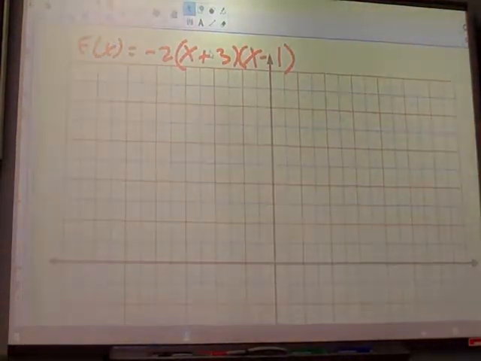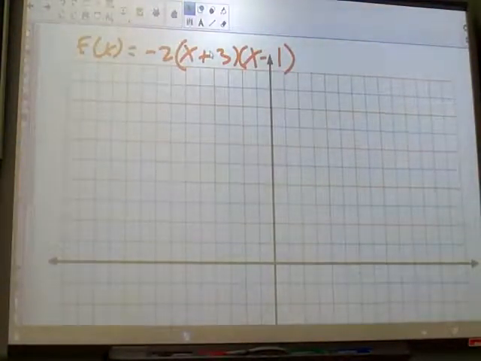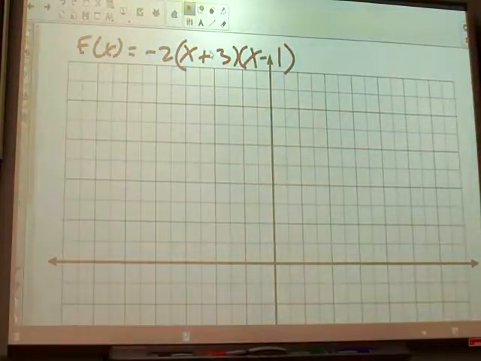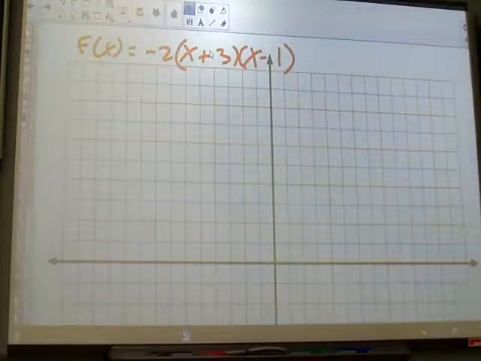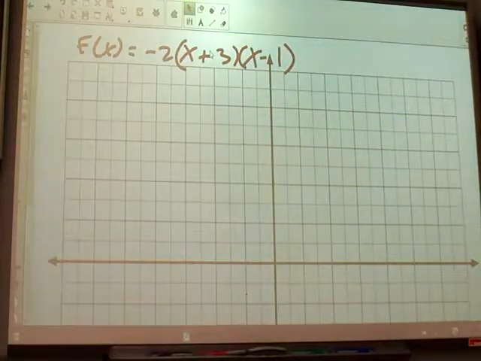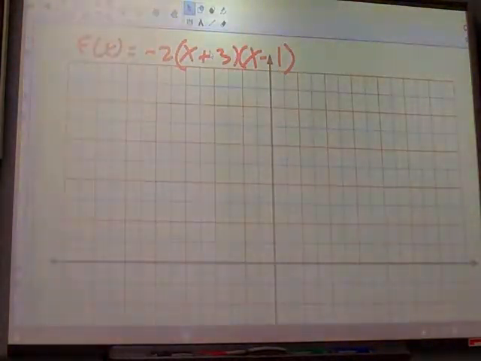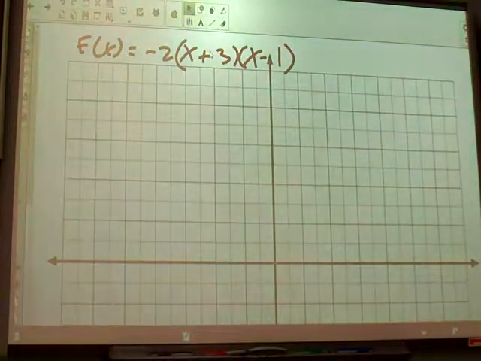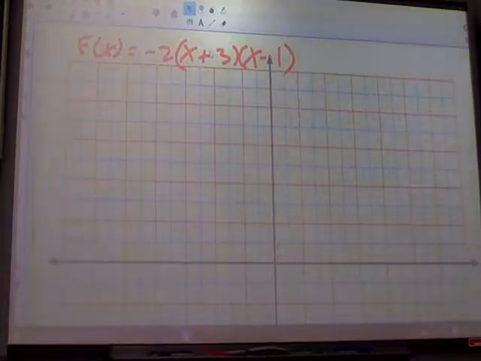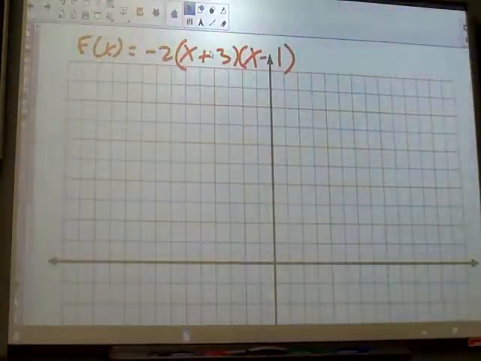Okay, the clue that it's an intercept form is it's got 2 parentheses. Now, every year when we get to intercept form, someone will say, well, we're supposed to be doing quadratics, and a quadratic has a squared, I don't see a squared up there. The squared is in disguise.